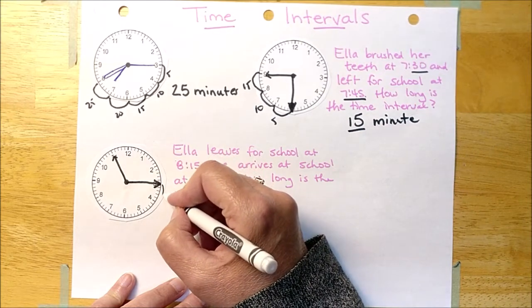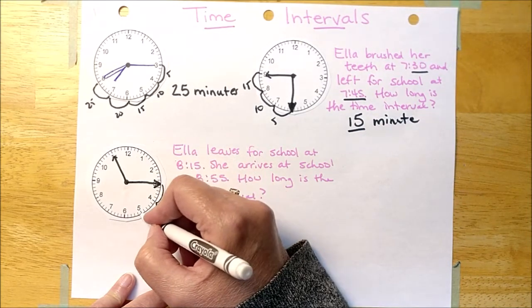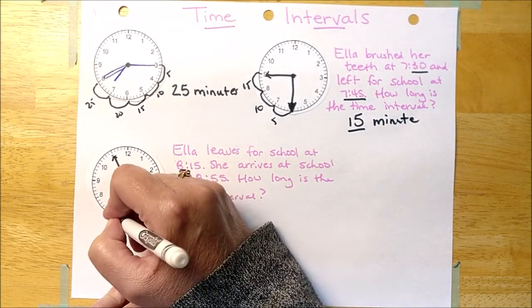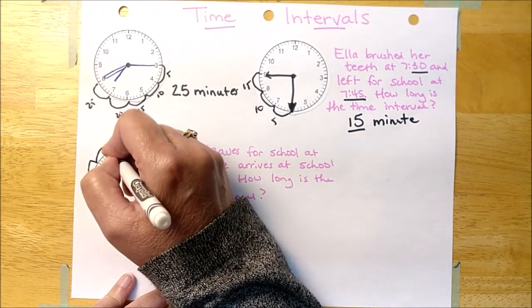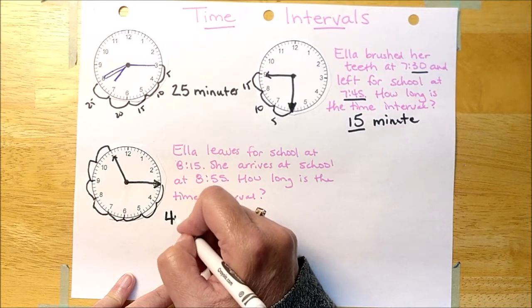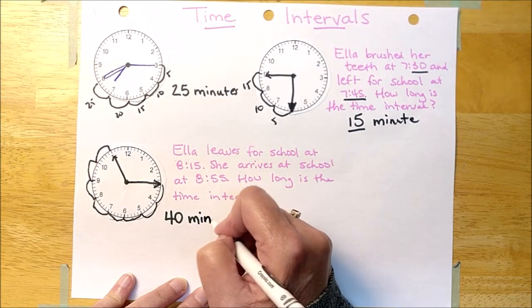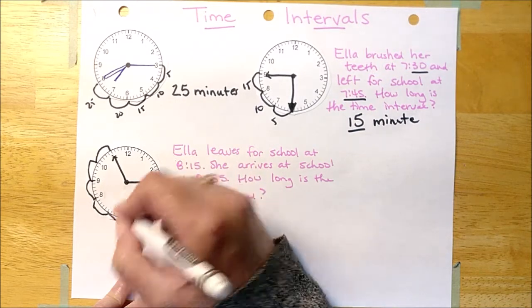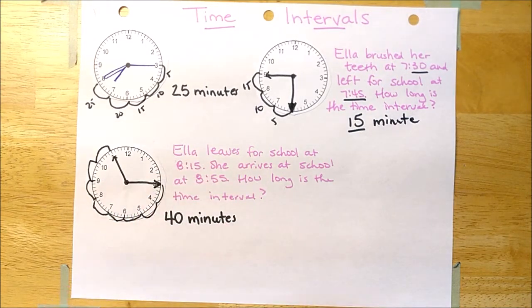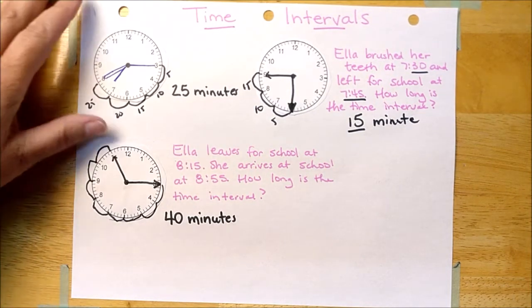We're going to go 5, 10, 15, 20, 25, 30, 35, 40. That time interval was 40 minutes. Notice we're just jumping by 5s and telling how many minutes have gone by. That is how we're going to start thinking about this.